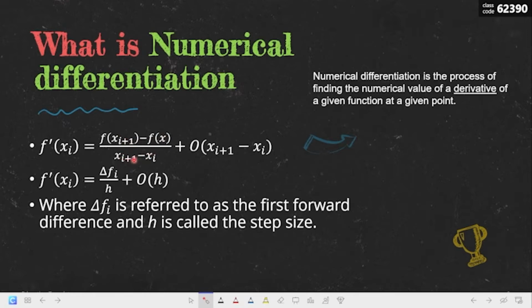So this is the next value minus the current value, plus some error, where the error is a function of x_(i+1) minus x_i. We can change this formula to delta f_i divided by h, where h is equal to x_(i+1) minus x_i. So delta f_i is referred to as the first forward difference, and h is called the step size.